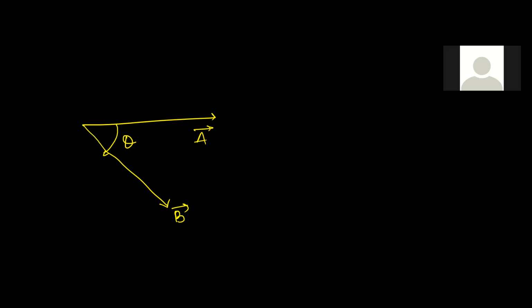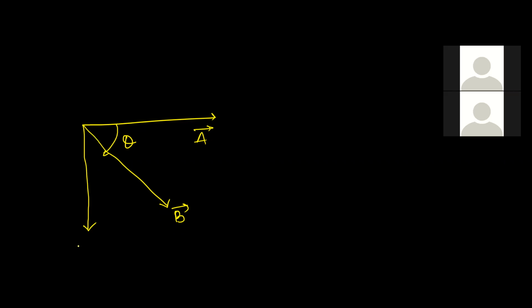So in this case, we have to find out the cross product of two vectors. Now the cross product is given by the perpendicular component of that vector. For clockwise rotation, the perpendicular component will be given by this line and it gives you A vector cross B vector. This is actually the cross product.